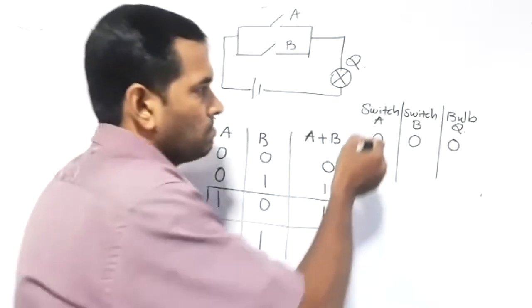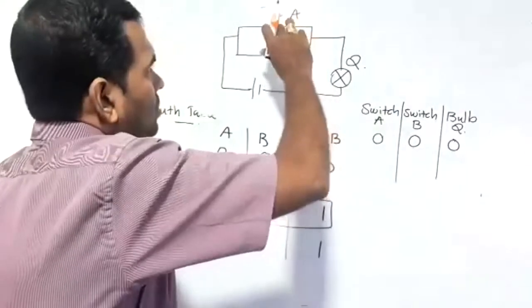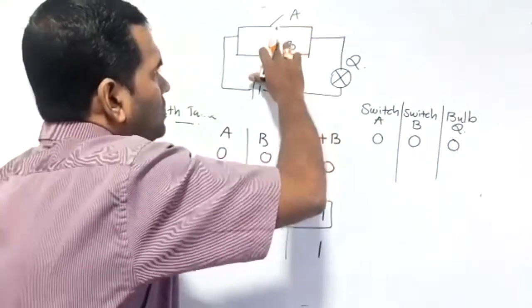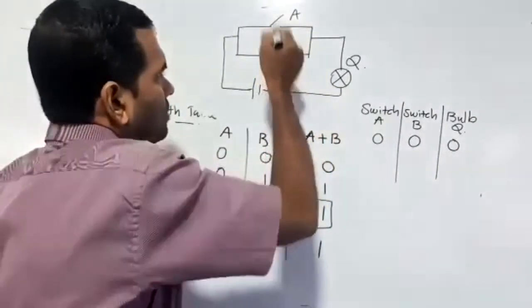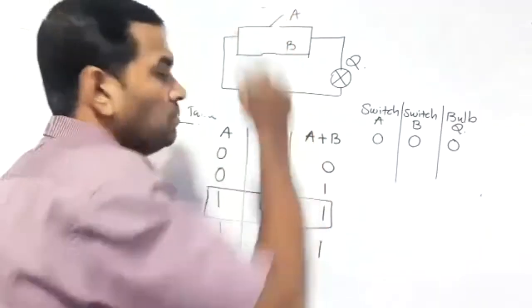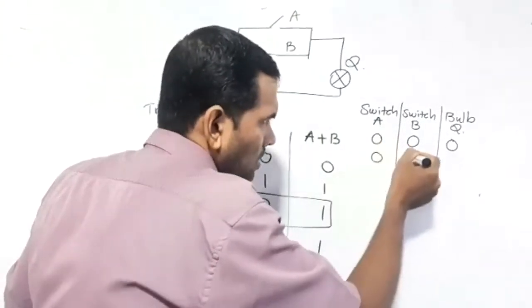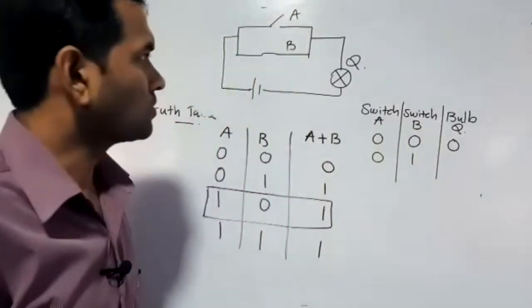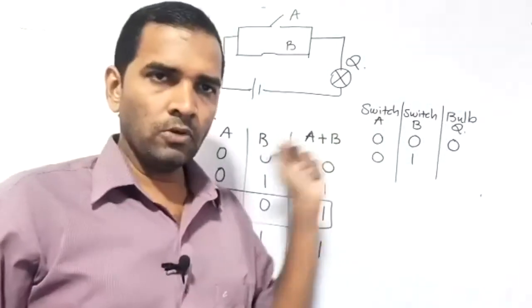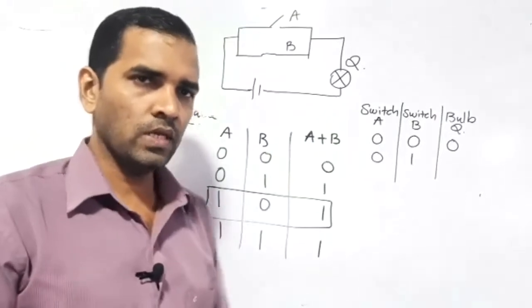So now let me switch on B. Any combination, okay. But now I switch on B. Switch A remains off, so switch A off, 0. Switch B on, 1. What about the bulb? Will it work now? The bulb burns. Yes, it works, right?